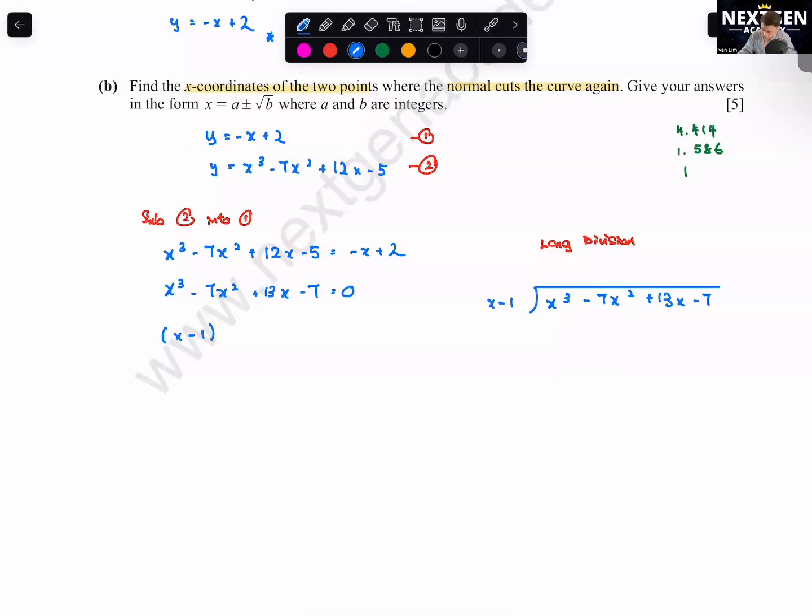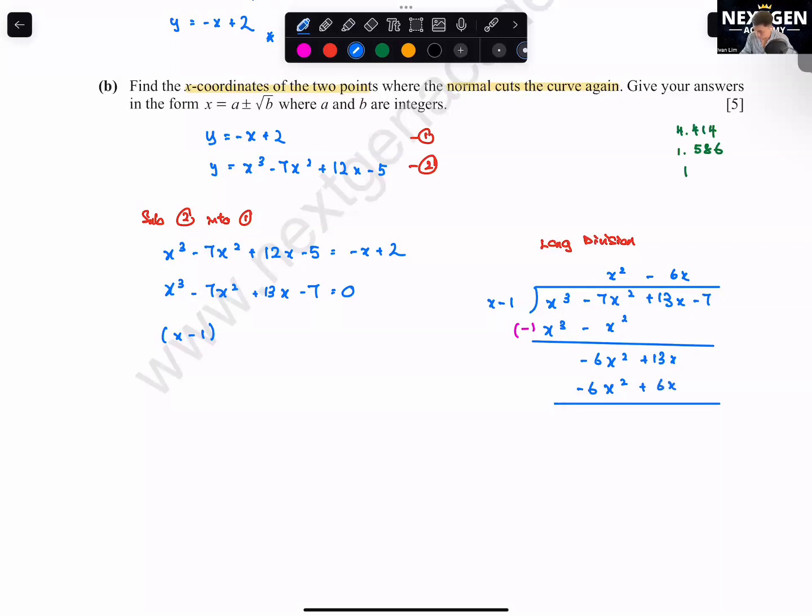Okay, let's do a long division here. So you get x squared, x cubed minus x squared. I like to put a minus here. Minus 7 minus 1 is minus 6x squared plus 13x. Next one, minus 6x: minus 6x squared plus 6x.